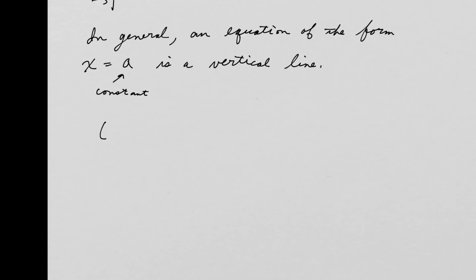So this is like my x1, y1, x2, y2. And again, it doesn't matter which you label the 1s, which you label the 2s. So the first point I see, I label the 1s. Second point, I label the 2s.